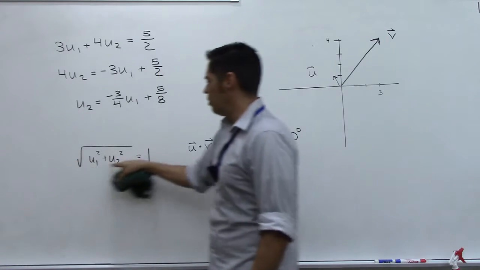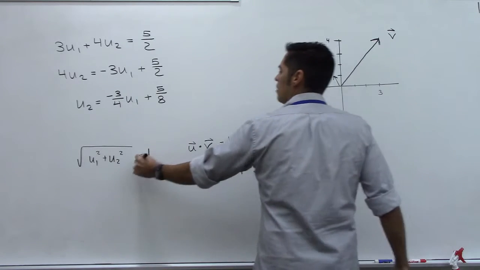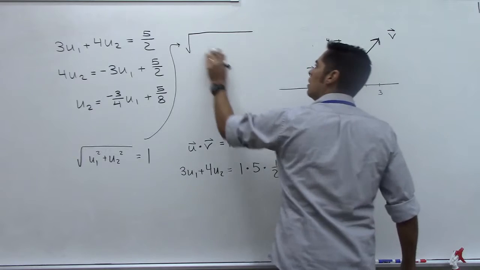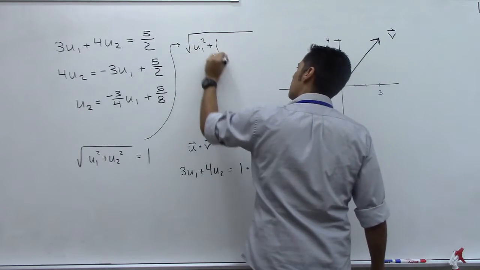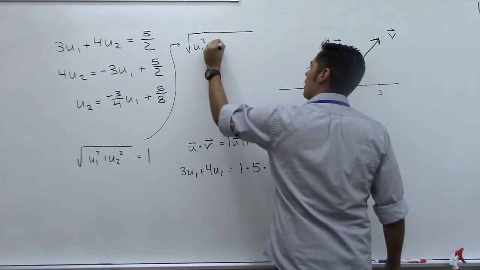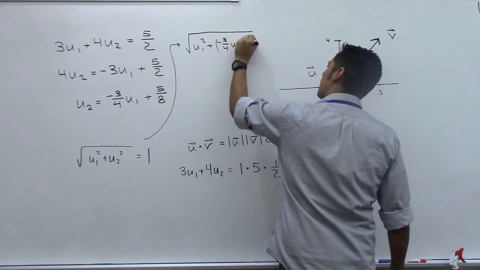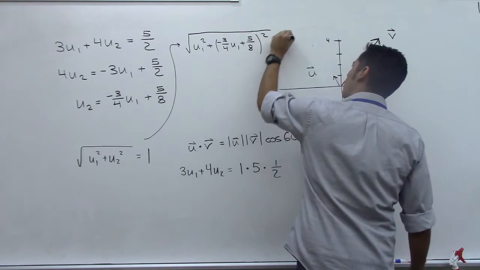I need this to be true. I know what u2 is, and I'm going to leave u1 as u1. So this becomes the square root of u1 squared plus (negative 3/4 u1 plus 5/8) squared. That must equal 1.